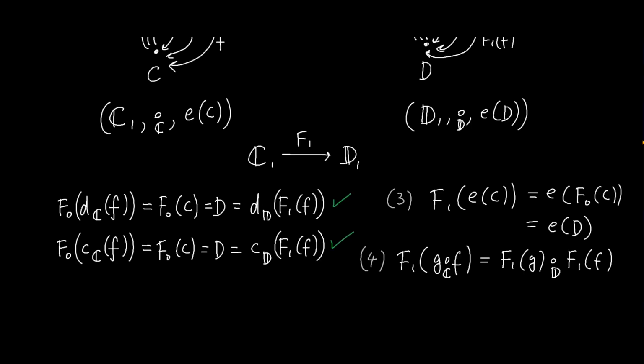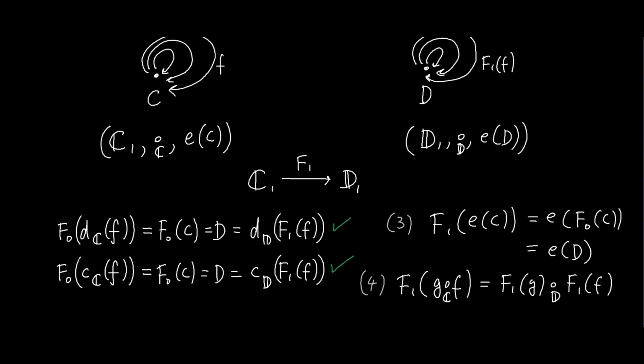We are preserving the entire structure of a monoid, right? And that's exactly what we're doing. We're preserving the monoid multiplication, and we're preserving the identity element. This is nothing other than a homomorphism of monoids.